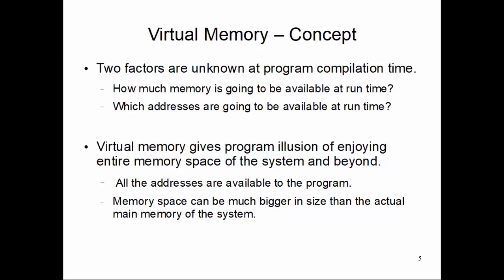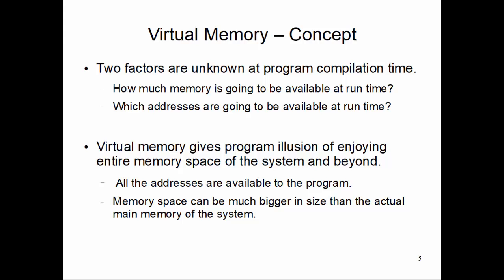So how do we implement it? We are running multiple programs in parallel, but we are trying to provide each of these parallel running programs an illusion of giving them the entire address space that is available.